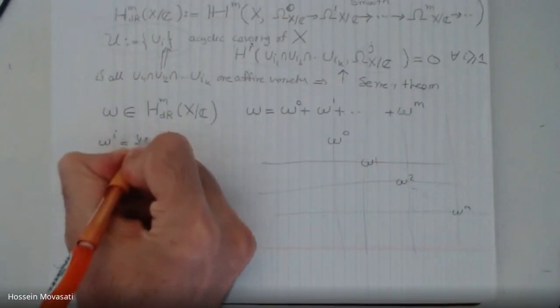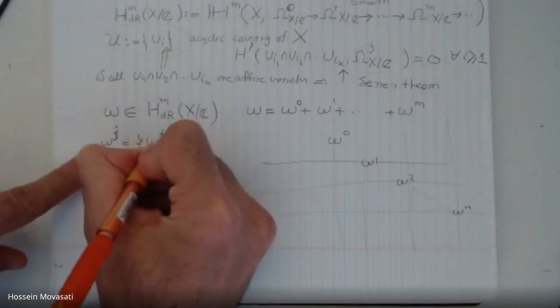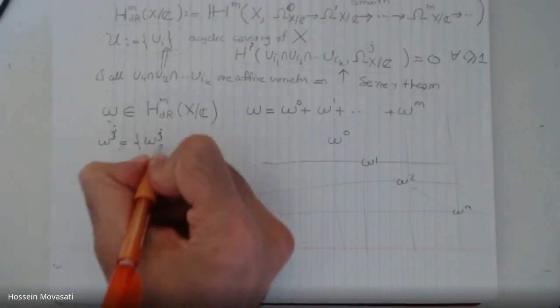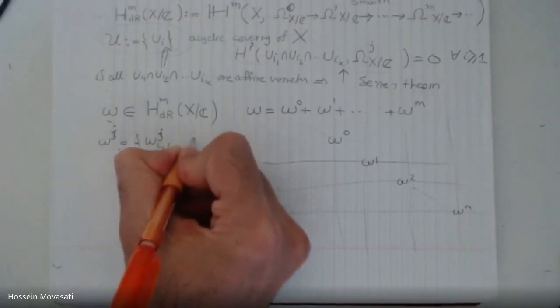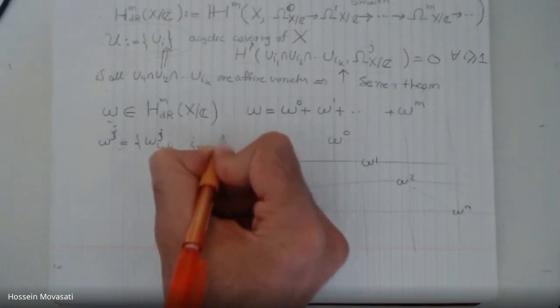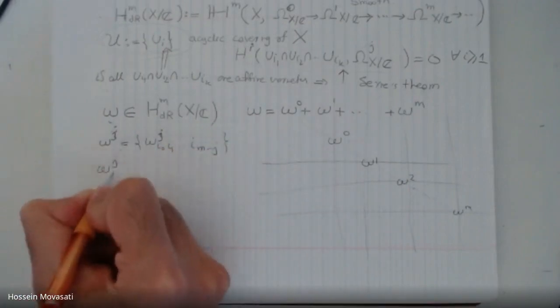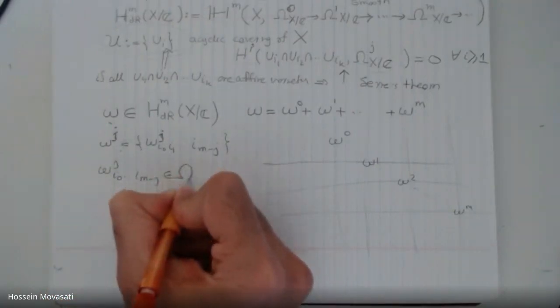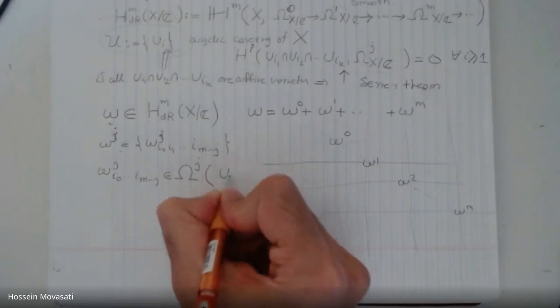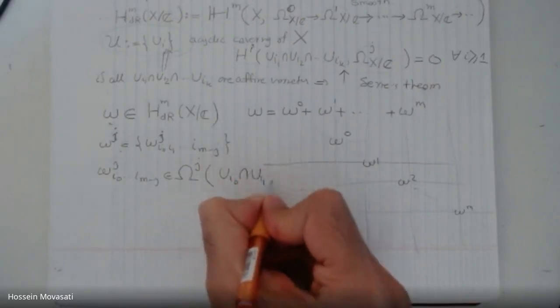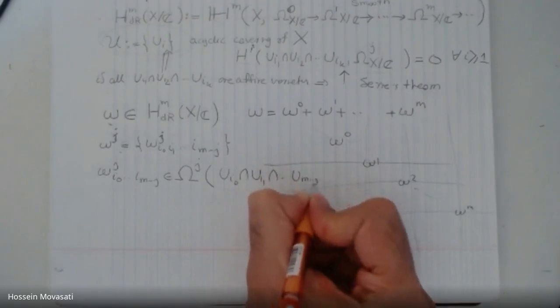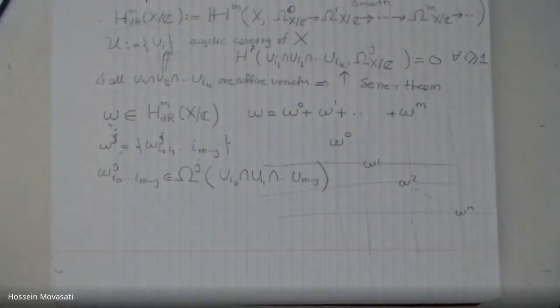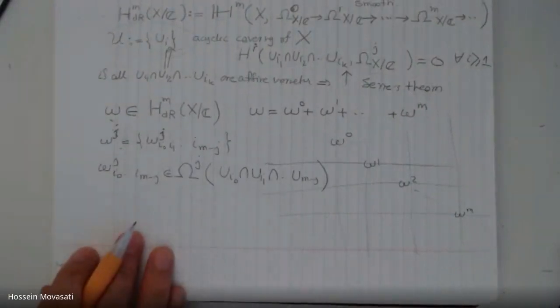Let me put here j, because there will be some: omega^j_{i0, i1, ..., i_{m-j}}. They are what? They are differential j-forms in the intersection of U_{i0}, U_{i1}, ..., U_{i_{m-j}}.